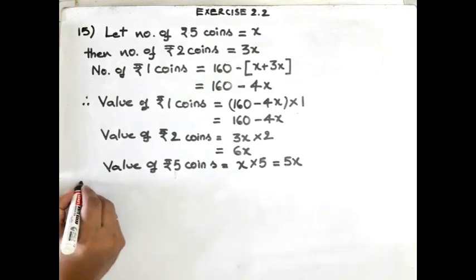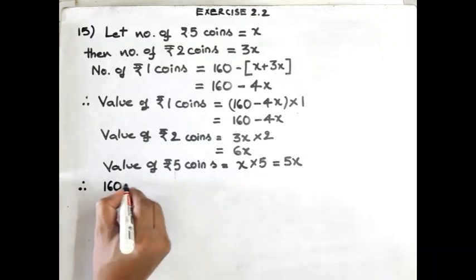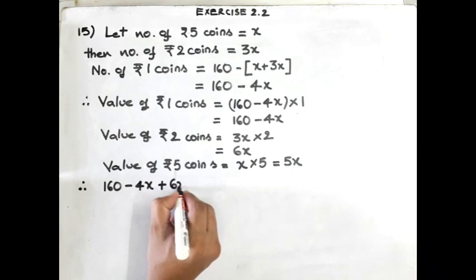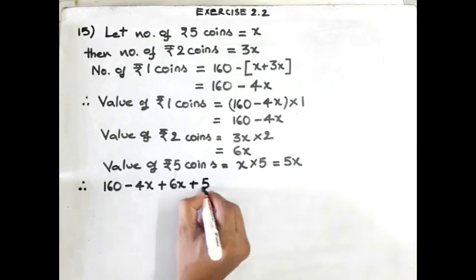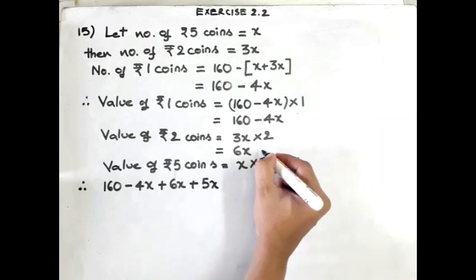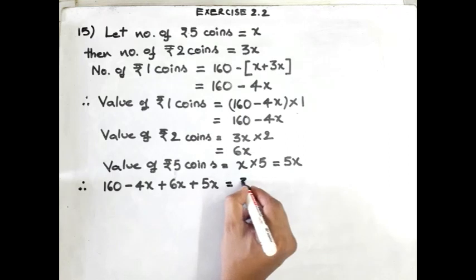Hence, therefore 160 minus 4x plus 6x plus 5x. I am just adding these. Okay, 160 minus 4x plus 6x plus 5x is equal to 300.